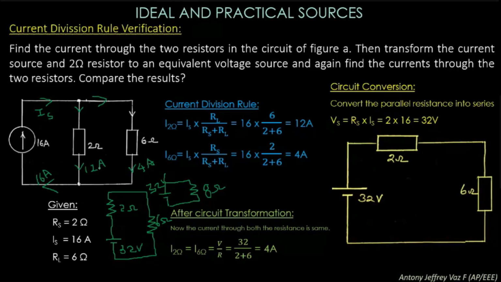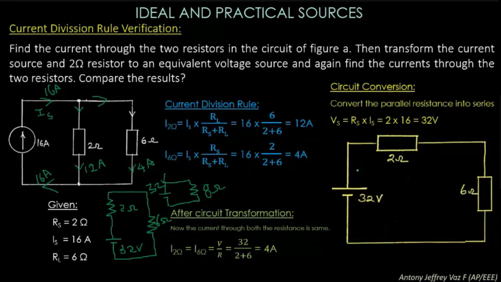You can see 12 plus 4 is 16. Here also 16 amps current will be flowing. This 16 amp current will be divided into two parts, one for the 2 ohm resistance which is 12 amps, and the second part for the 6 ohm resistance is 4 amps. After driving the current through these two resistances, the two currents get added up and converted back to 16 amps and again flow to the current source.